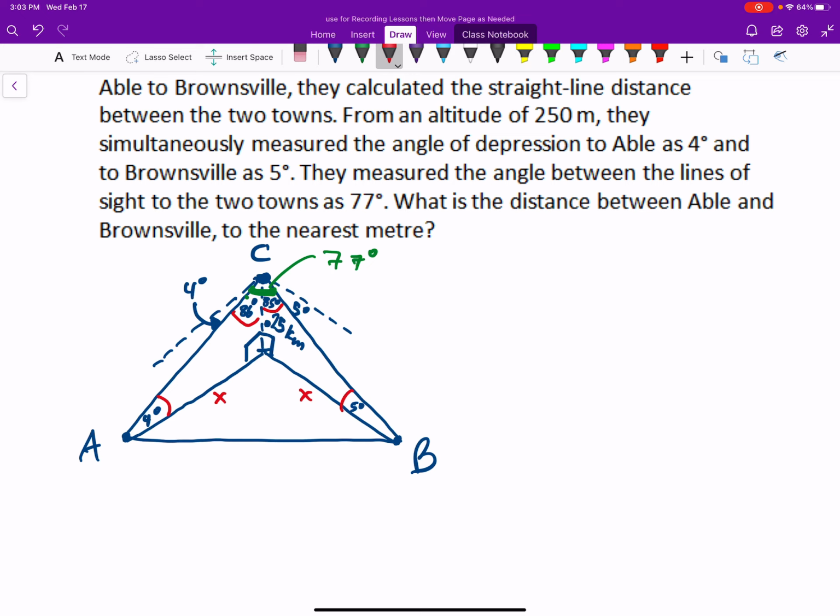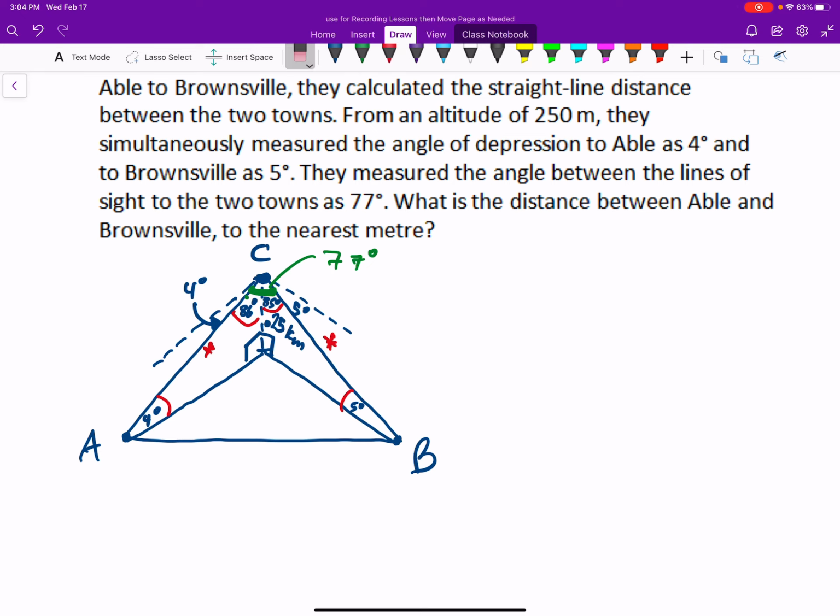I would also need to know another angle. If that's 77 degrees, actually, you know what? I'm not going to find out those ones. I'm just thinking this through on the fly here. Oops, didn't mean to erase all that. Rather than finding those two, I would want to find these two, and then I could use the 77 degrees to find out the distance between A and B.